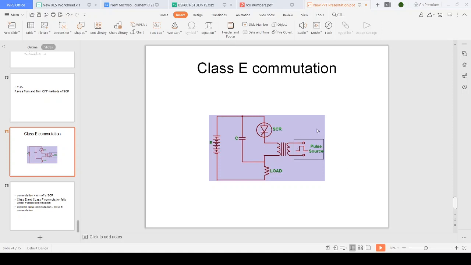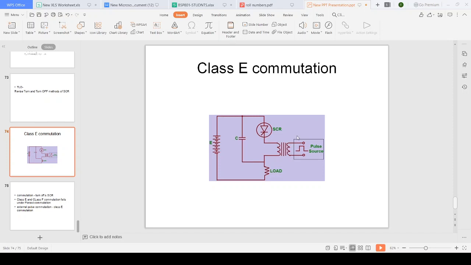Now because of this arrangement, what will happen? The pulse transformer is used to apply the commutating pulse. As you can see, this transformer is connected to the cathode terminal of a SCR.